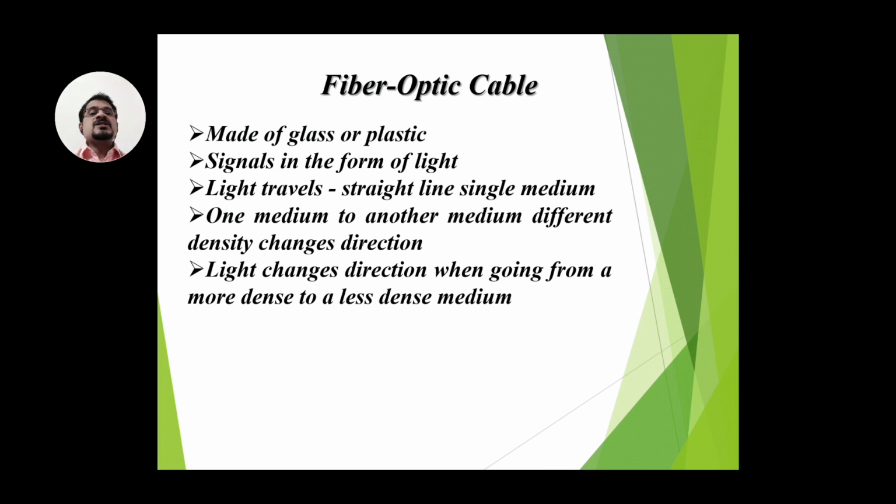If the density varies, then automatically the light wave's direction also changes. So the light changes direction when going from a more dense to a less dense medium. That's the same principle used in a fiber optic cable.